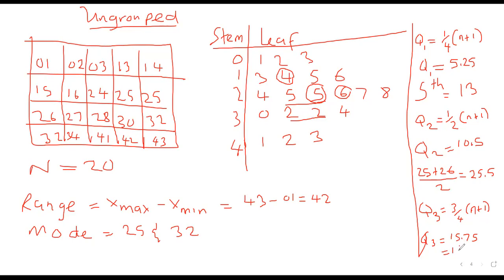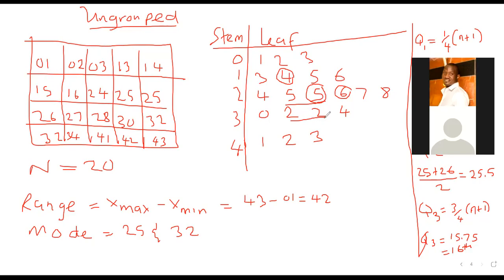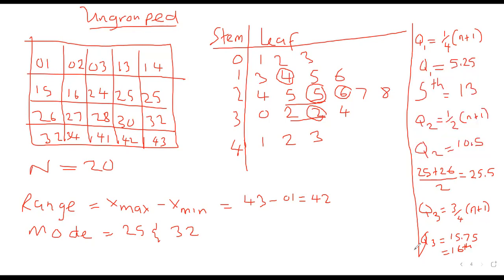What is the 16th number? Because what we get is the position. 1, 2, 3, 4, 5, 6, 7, 8, 9, 10, 11, 12, 13, 14, 15, 16. What number is this? 32.